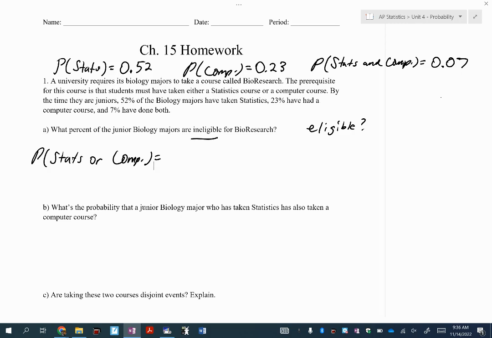So I don't want to double count, because I know it's weird to say this, but the students that have taken both are being counted in these other ones. So we don't want to double count. That's why we take away the both. You'll see in a moment when we answer question C, they're not disjoint. All right, so probability of stats plus probability of computer, and then for space sake, I'm going to just put subtract both.